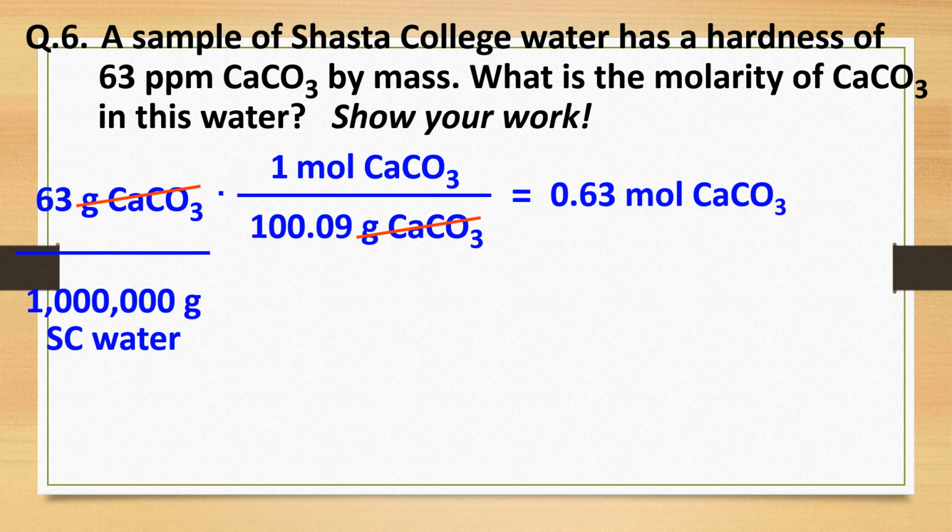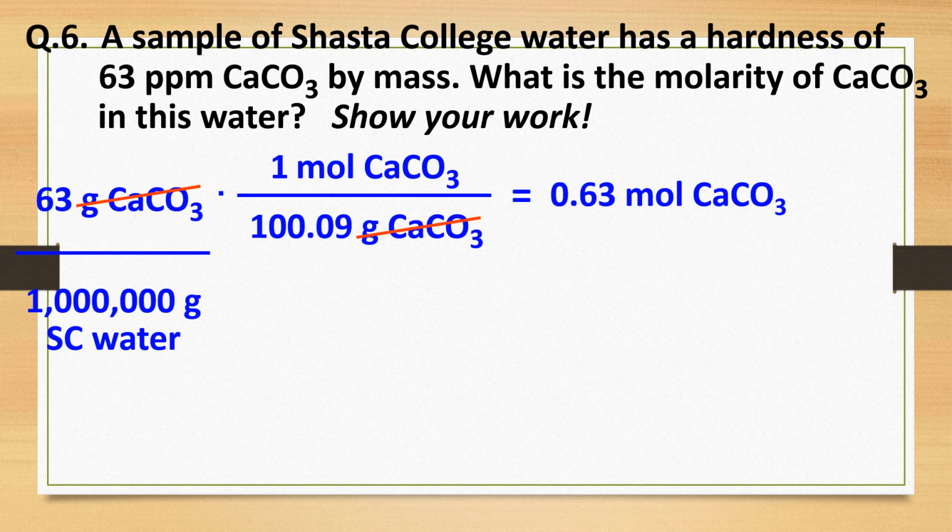But the bottom, we don't want it in moles, right? We want the units in volume. Therefore, we need liters. Remember that molarity is moles per liter. So that means we need to somehow convert this 1 million grams of water into a volume.